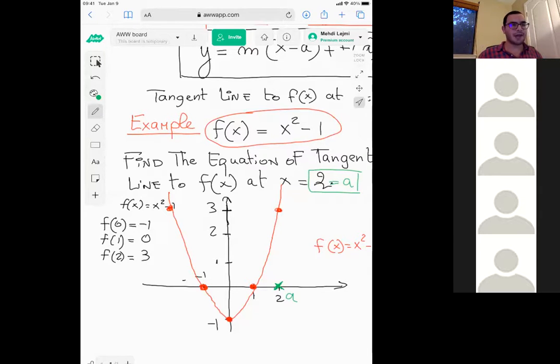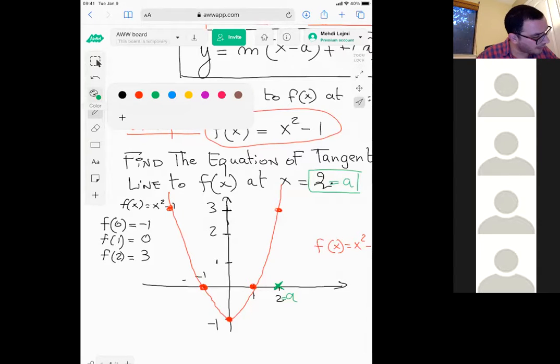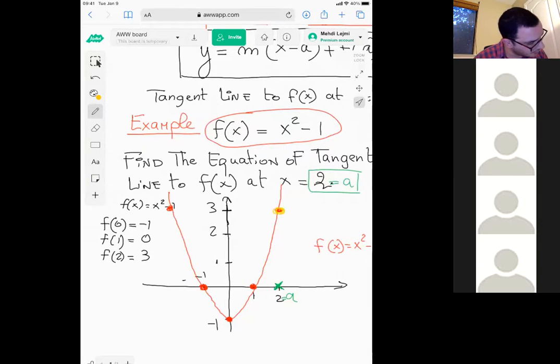So what will be the point a, f of a? So f of 2 is 3, right? So this is my point a, f of a, or 2, f of 2, which is 2, 3 right here. So it's 2 here, and then 3 here, right?